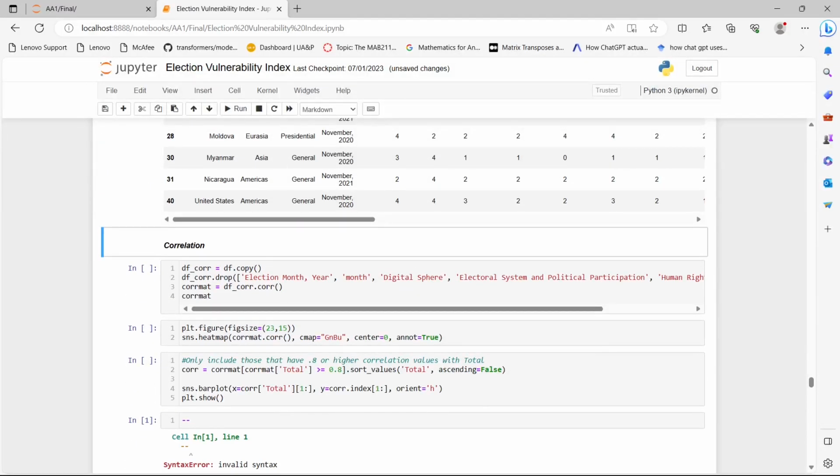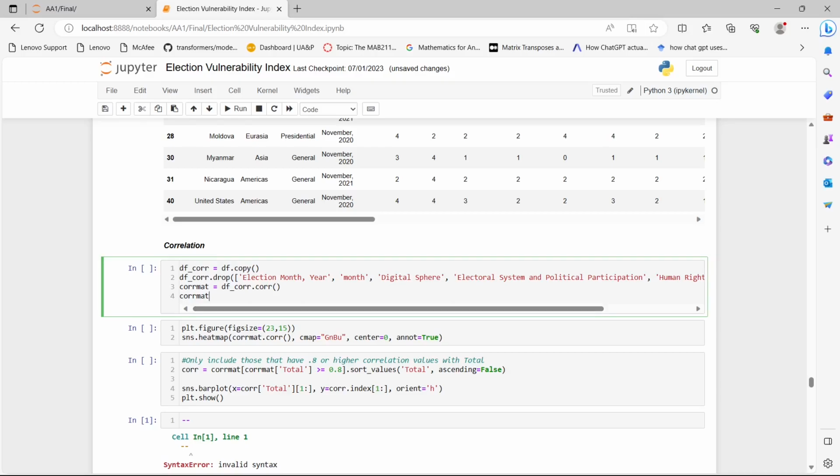Now what we will do is find the correlation. What are these different variables or features that are correlated? We drop election month, year, month, because digital sphere, electoral system and political participation, human rights are actually the main categories.